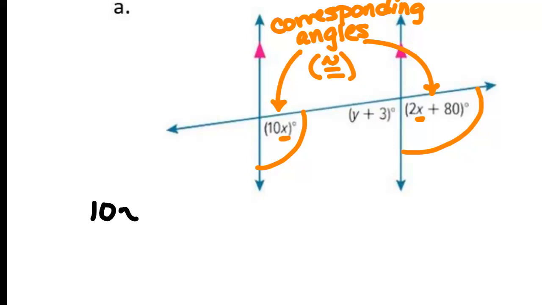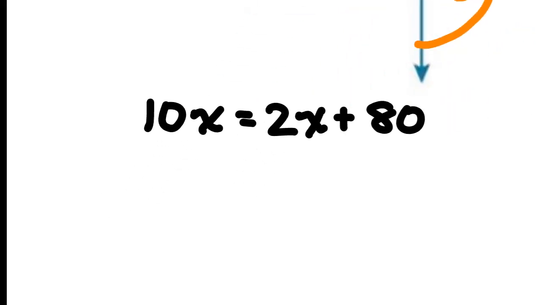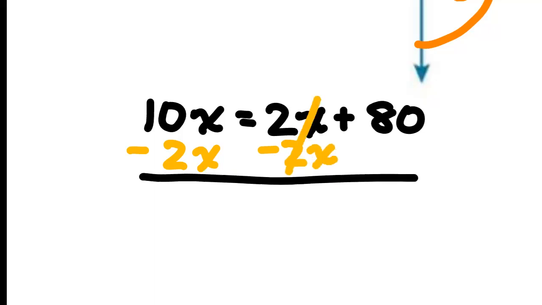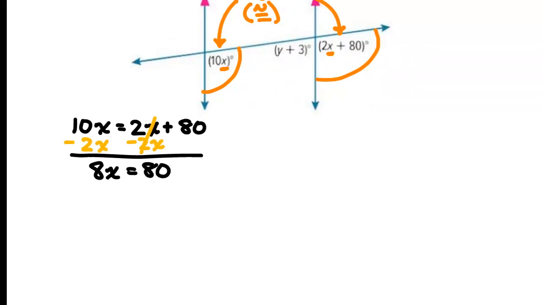So I have 10x equals 2x plus 80. Subtract 2x from both sides. So 8x equals 80. Divide both sides by 8 and we get that x is 10.